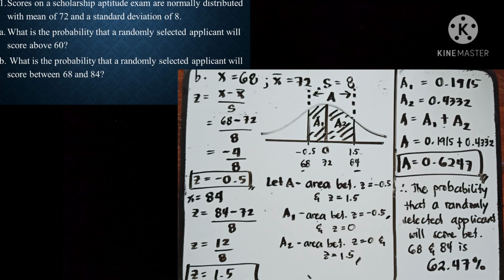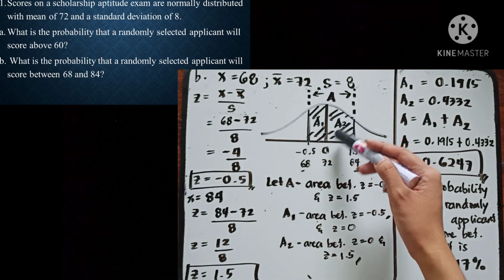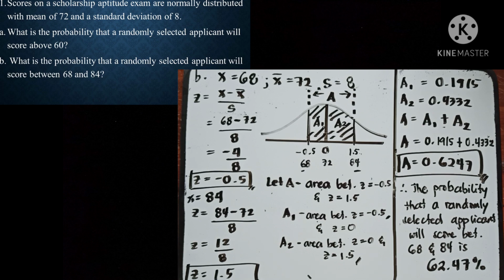Okay? Again, the probability that a randomly selected applicant will score between 68 and 84 is 62.47%. So, ibig sabihin yung chance na yung scores nila is between 68 and 84 ay 62.47%. So, ibig sabihin yung area nito is 0.6247.